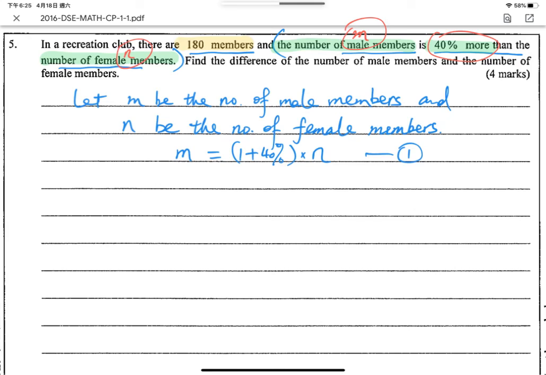So the numbers of male members plus the numbers of female members equal to the total members, 180. So this is equation 2.